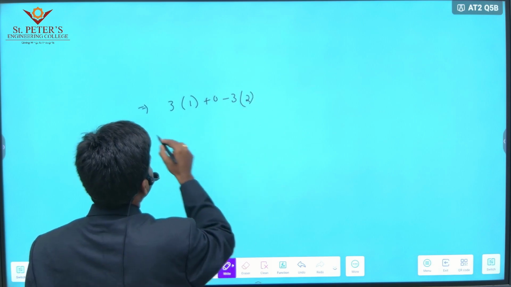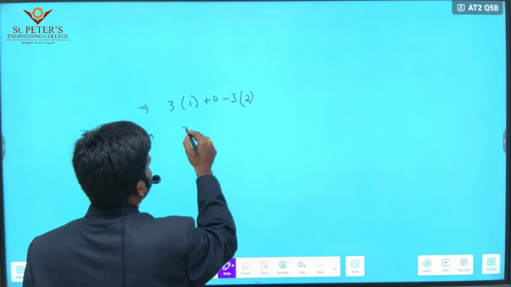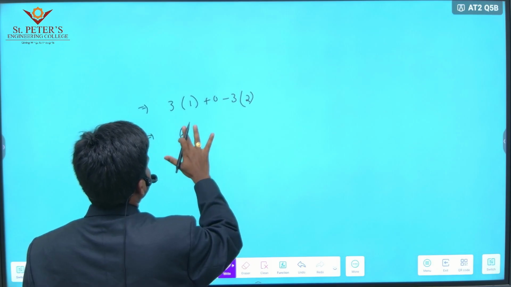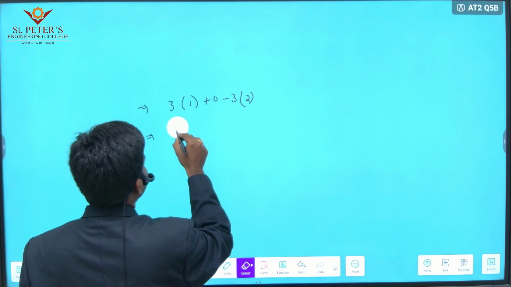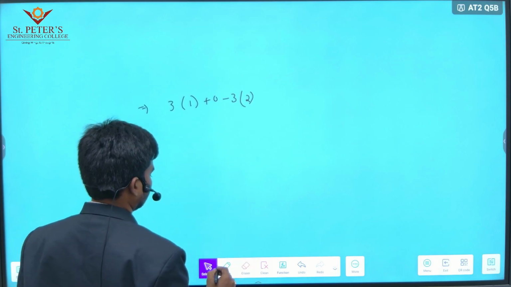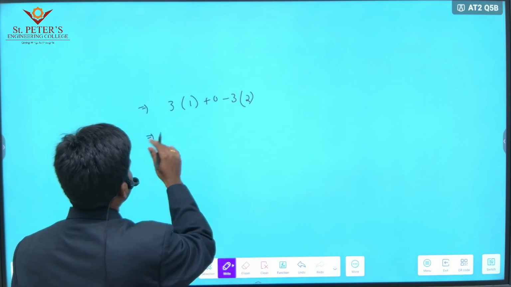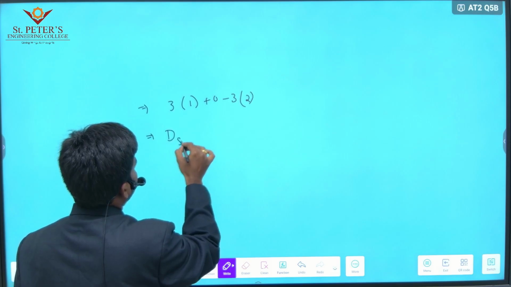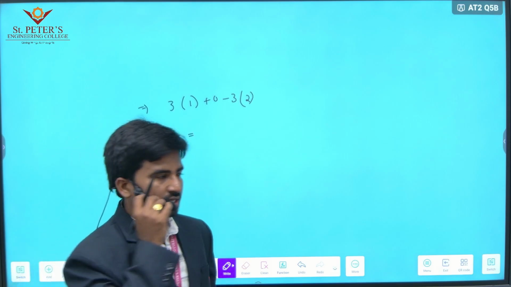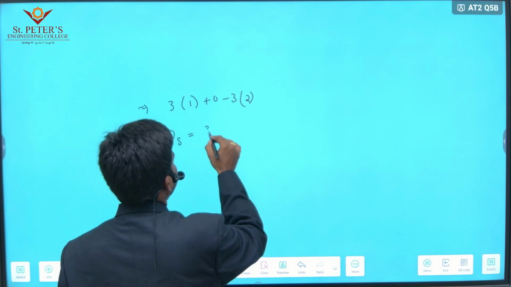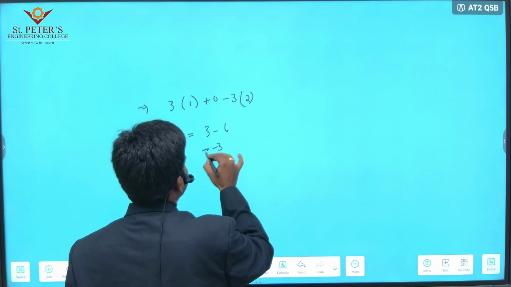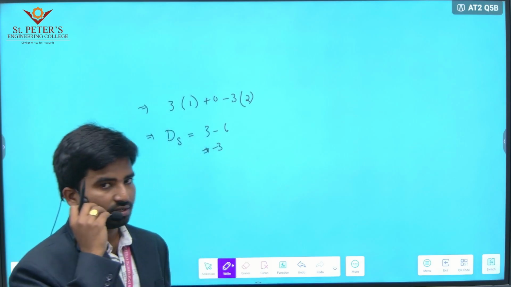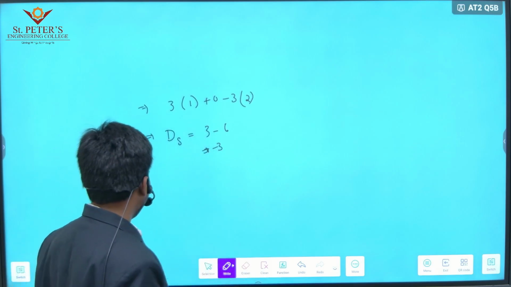Joints are 2. Therefore the ds value is 3m plus r minus 3j, 3 plus 3 minus 6. We got the value, ds value is minus 3.